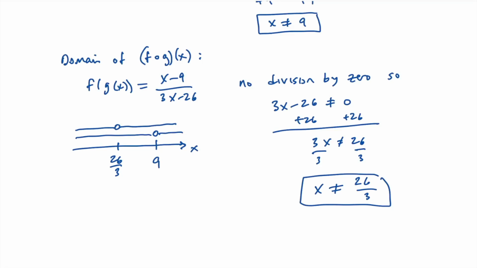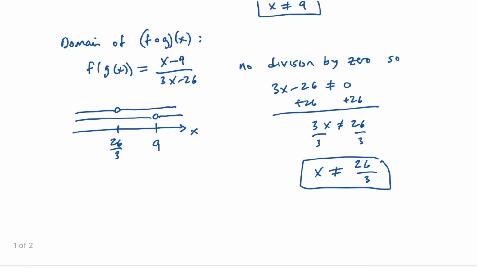And we want to take all the places where these two overlap, all the allowed values where they overlap. And so what we get for the domain is that we can go from minus infinity all the way up to 26/3. We're going to union that with between 26/3 and 9.